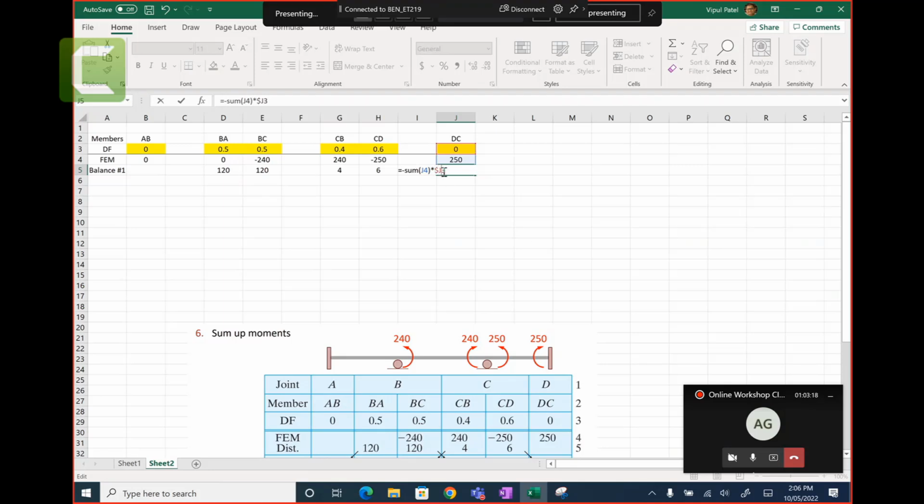We like to lock this, and equal to minus sum distribution factor.